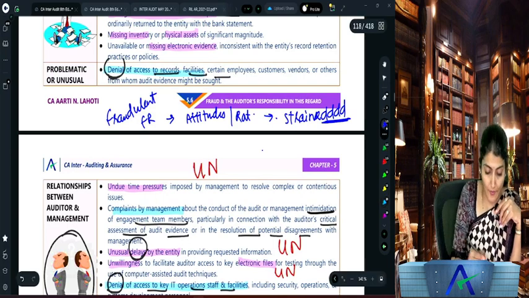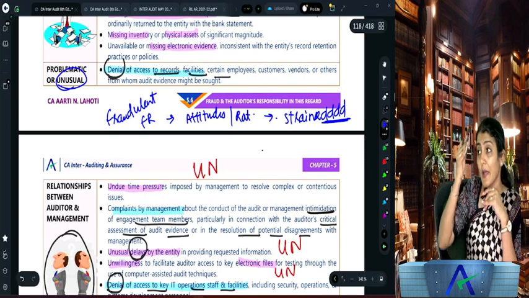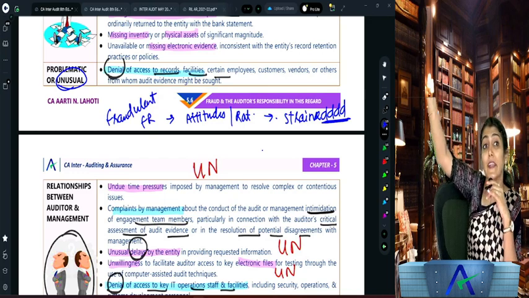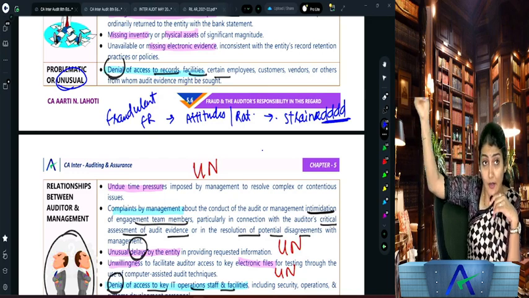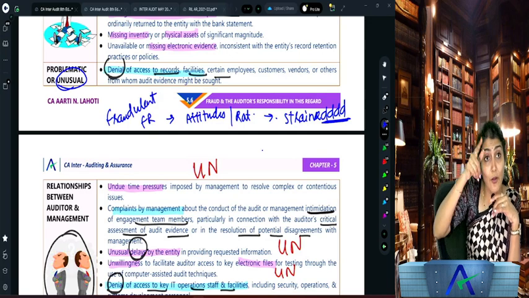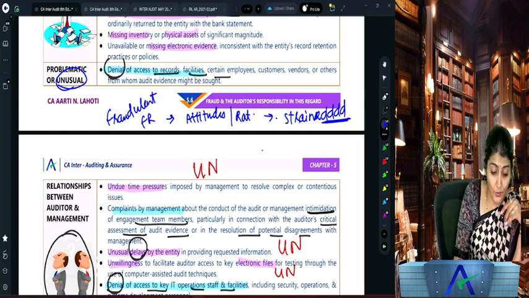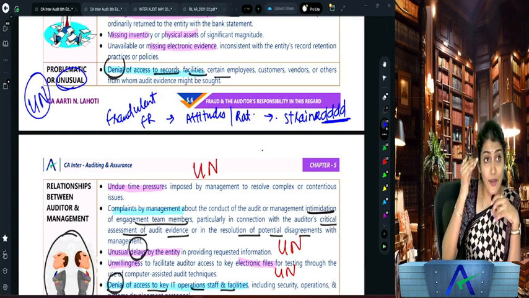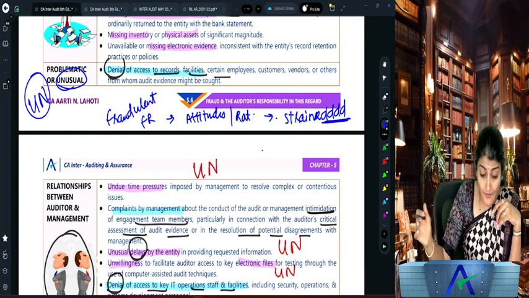Oh my God, this is amazing. What does it say? An exam question will come. How will it come? Strained. So D. Now here, how will it come? Problematic or the un. So you have to catch that un. What is that un?